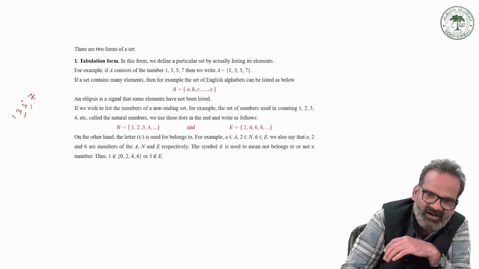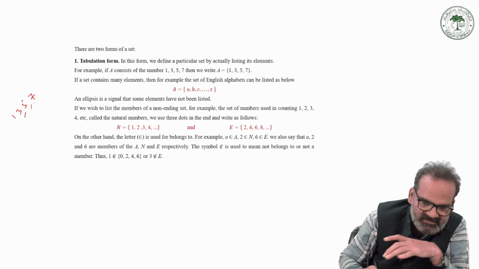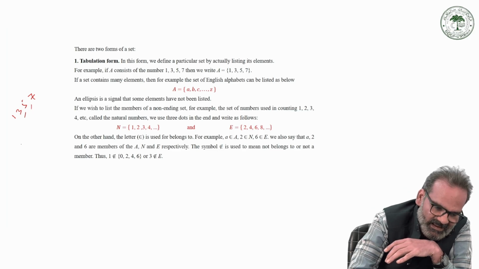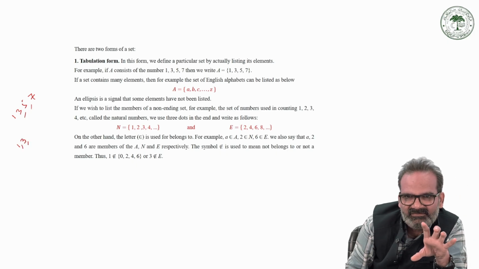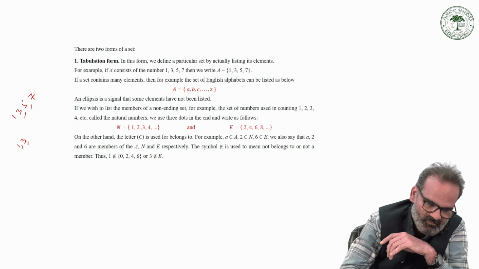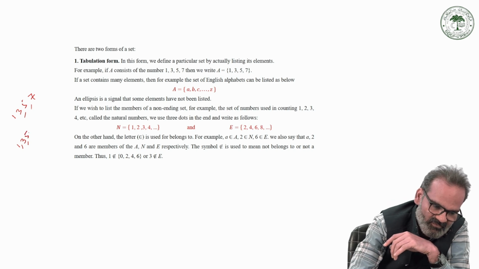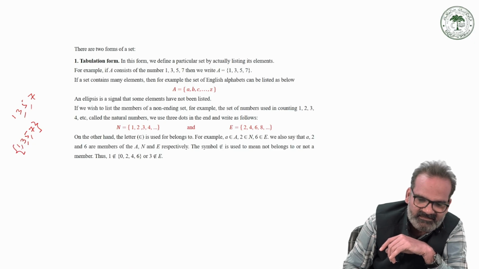So 1, 3, 5, 7 is a collection of numbers. So what we do, the elements of a set are separated by commas. Between two elements we always use a comma. 1, 3, 5, 7, right? Enclose them in a bracket like this. This is the tabulation form.